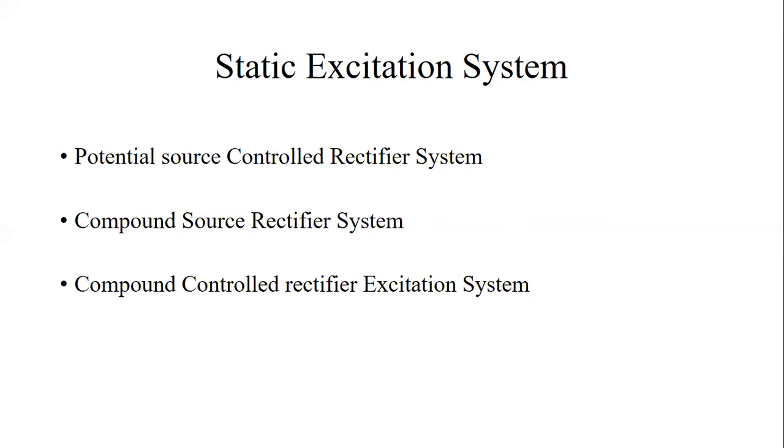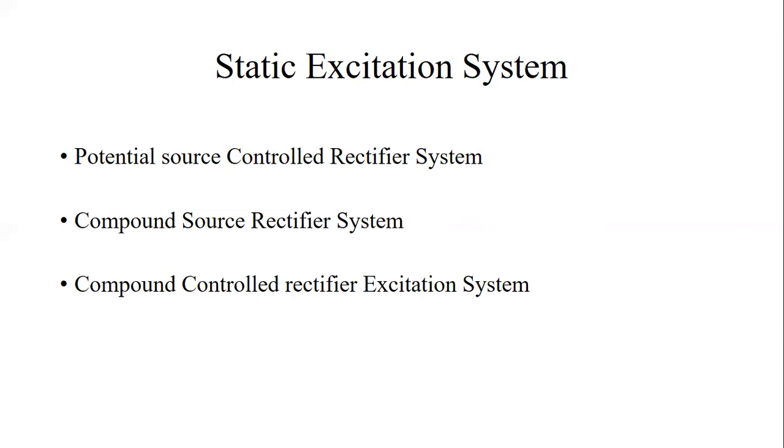There are three further subclassifications of static excitation system. First is the potential source controlled rectifier system. Second, the compound source rectifier system. And third is the compound controlled rectifier excitation system.